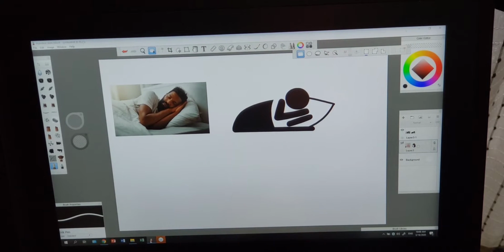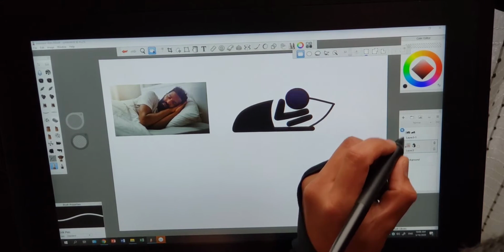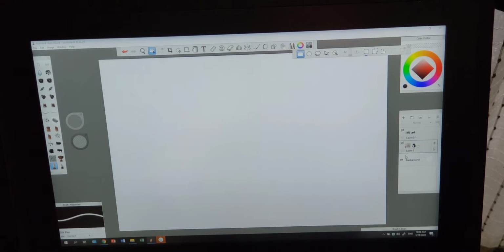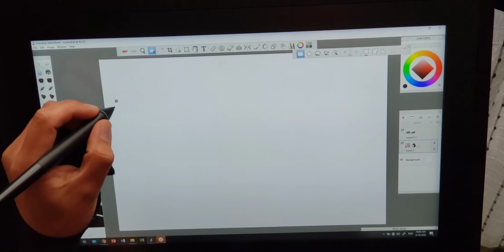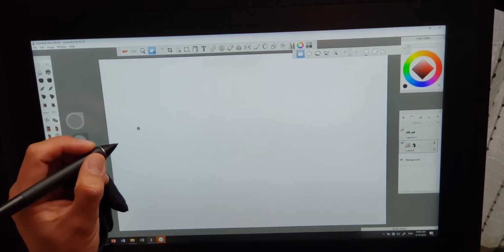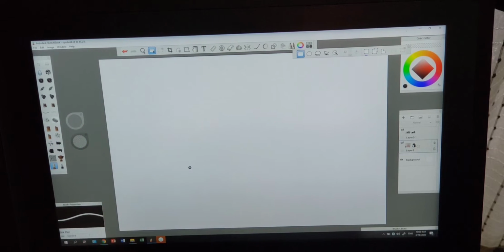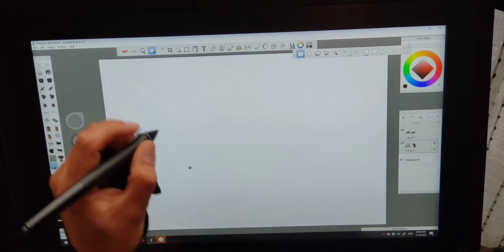Something important when you draw a symbol is to keep it simple. The first thing you need to know is using positive and negative spaces. A positive space is what you draw.